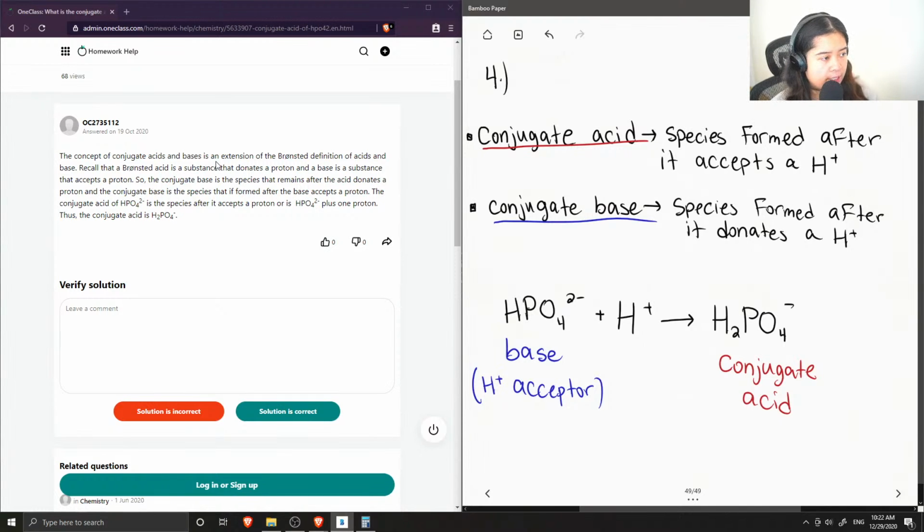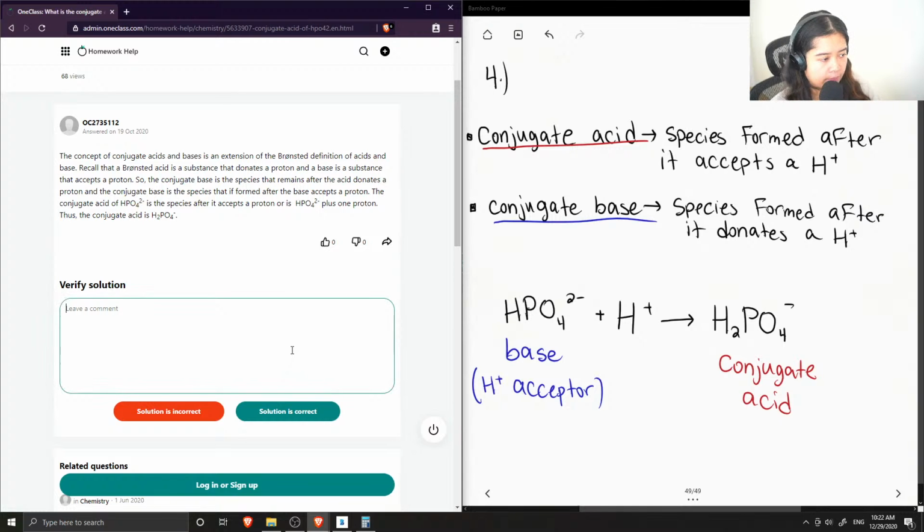The conjugate acid of HPO4 2 minus is the species after it accepts a proton, or is HPO4 2 minus plus 1 proton. Thus, the conjugate acid is H2PO4 minus. Yep, so this solution is correct.